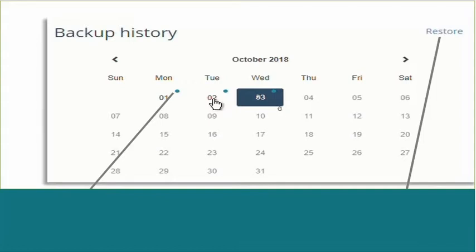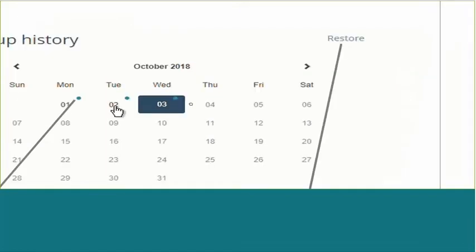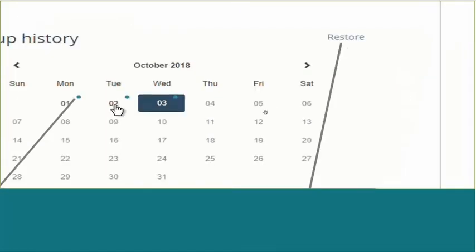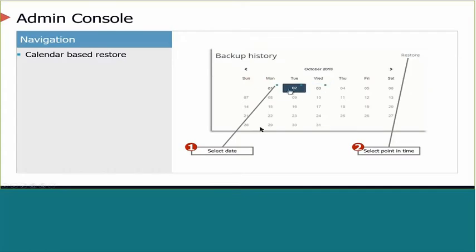Within the calendar, you're going to see these little blue dots. That's going to indicate that you do have some sort of recovery point or backup occurring on that date. So you select the date that you want to recover from, and then click the little restore link there to select the point in time, assuming that you have more than one within that given date.